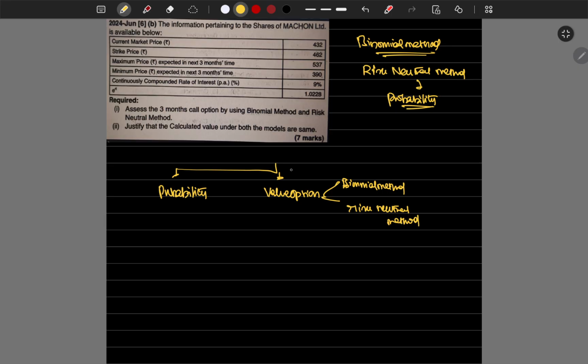If they ask to calculate the put option also, we have to use the put call parity equation to find the put value, but in this question they haven't asked that. So next problem we'll see that, in the delta problem.